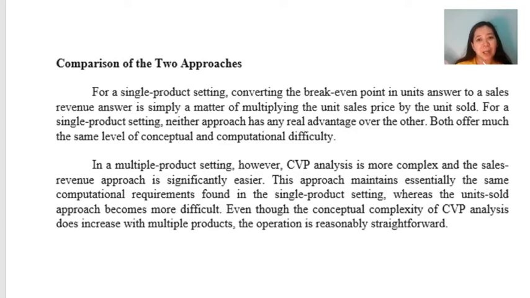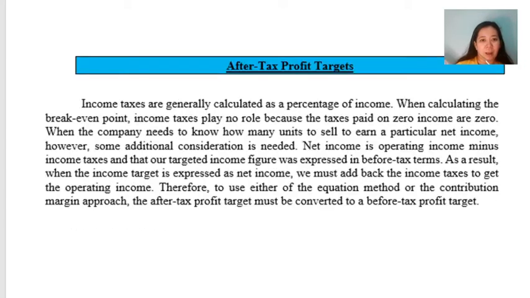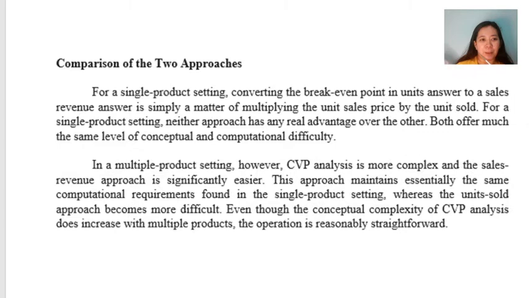This approach maintains essentially the same computational requirements found in the single product setting, whereas the unit sold approach becomes more difficult because we have to identify the per product per unit. Even though the conceptual complexity of CVP analysis does increase with multiple products, the operation is straightforward.